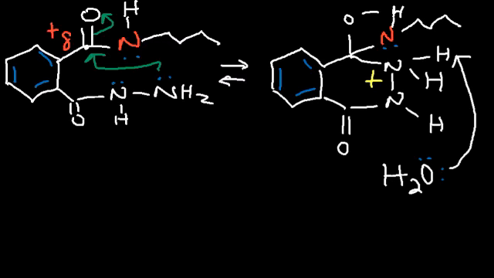So water is going to grab a hydrogen from the nitrogen that has a positive charge, because that hydrogen is a weak acid. It's relatively acidic. And then this bond is going to break. It's going to put a lone pair on that nitrogen.